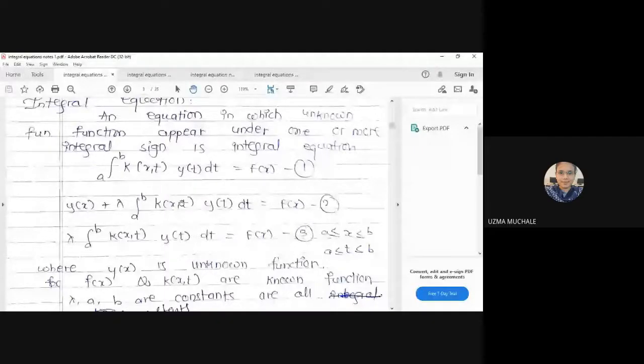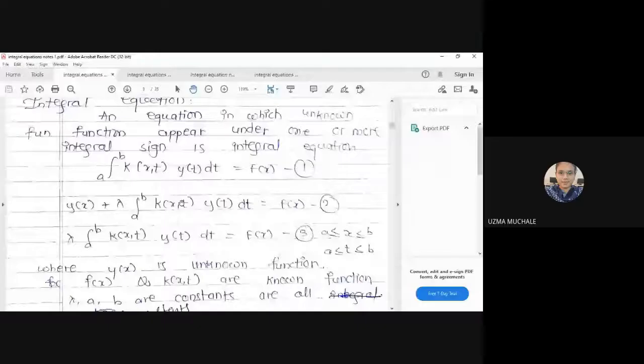An equation which involves the derivative of an unknown function with respect to the independent variable, or we can say the derivative of the dependent variable with respect to the independent variable. Very similarly, here the unknown function appears under one or more integration signs. Here, y of t is the unknown function, k of x t is your kernel, and f of x is a given function. So these are the types of integral equation.